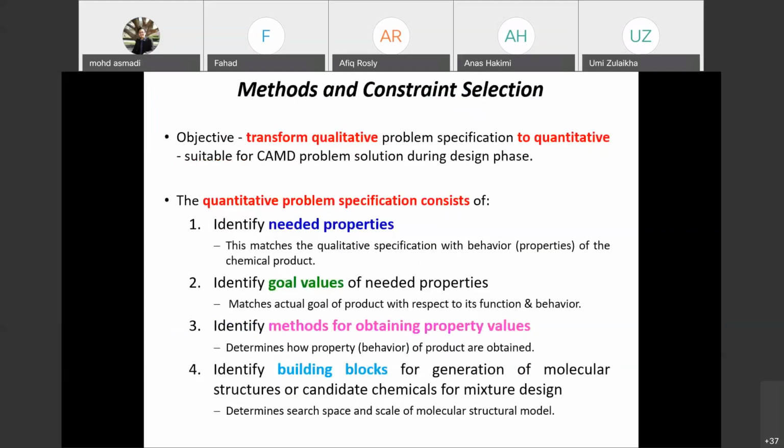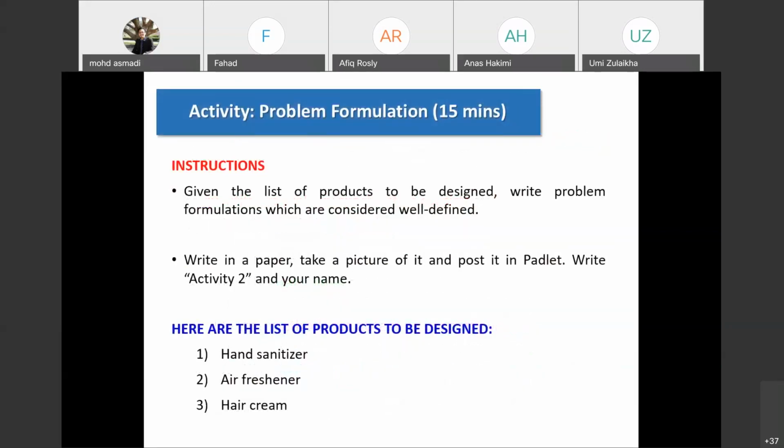Any question about this one before we do the activity for about 15 minutes? Okay, so can you do this problem formulation? Given a list of products to be designed, write a problem formulation that is considered well defined. Write on paper or you can write in the Padlet.